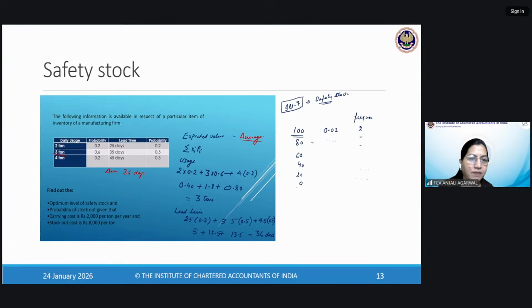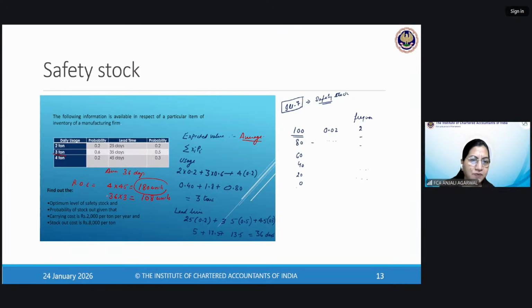Now, if you had gone by the concept of maximum consumption into maximum time, your reorder level would have been 4 tons into 45 days, which is 180 units. Maximum consumption into maximum time, 4 into 45. But if you go by average, it is 36 into 3, 108 units.